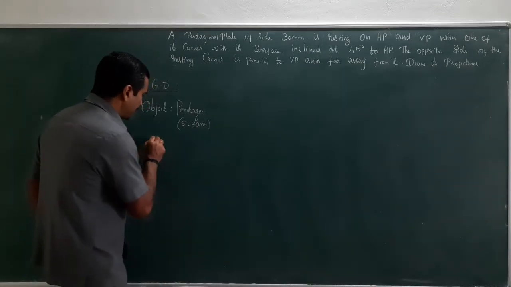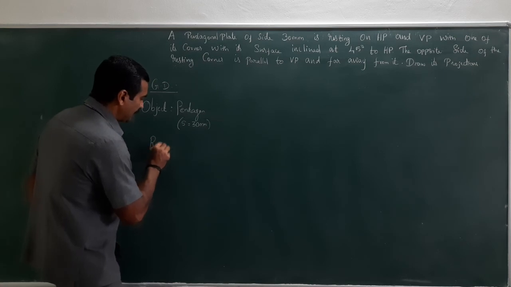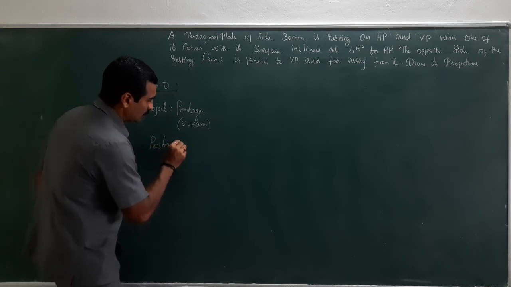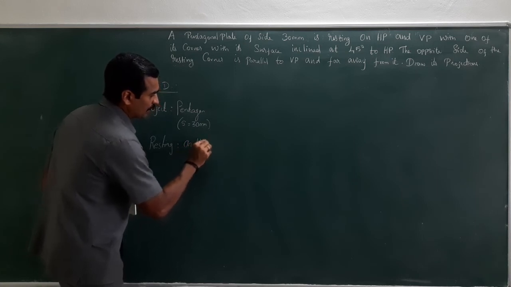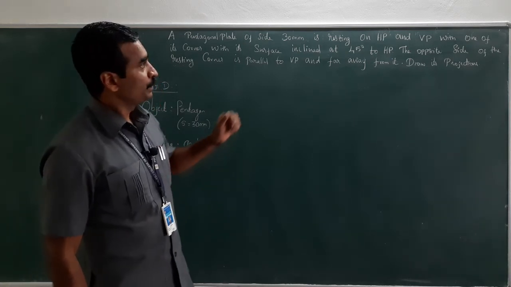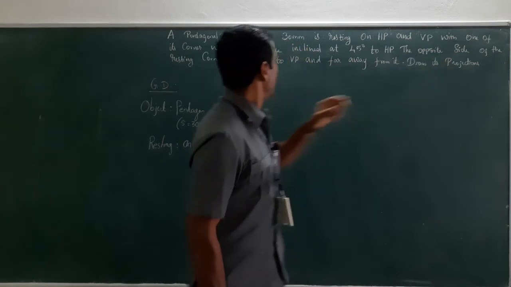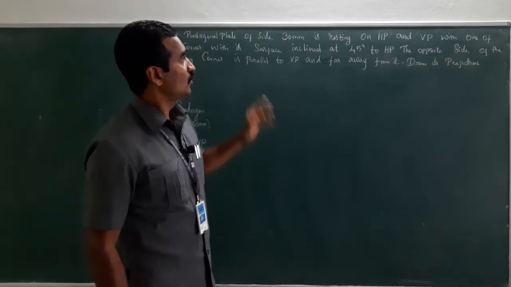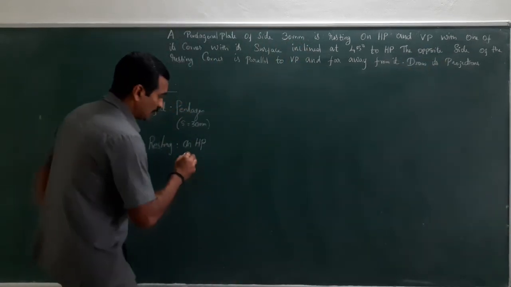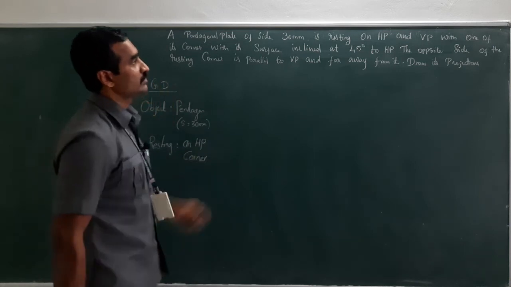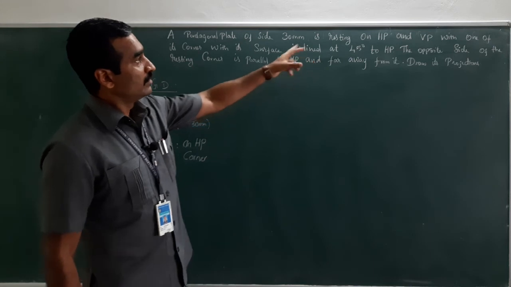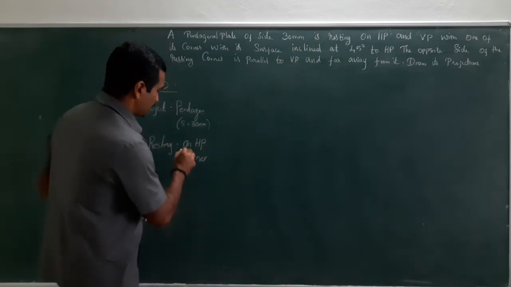So how is it resting? Where is it resting? It is resting on HP. How is it resting? Look at here, with one of the corners. So, resting is on corner. Resting on HP and VP with one of the corners.